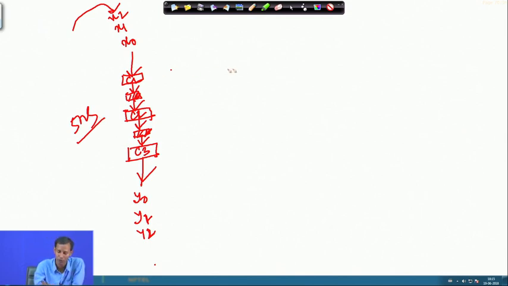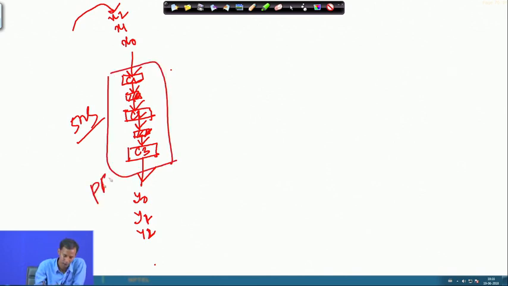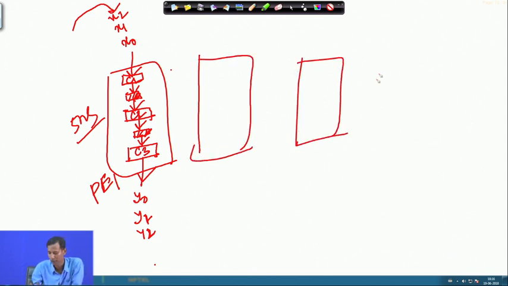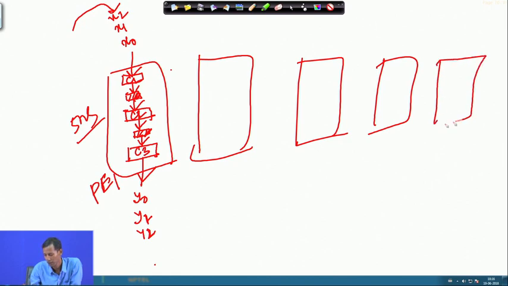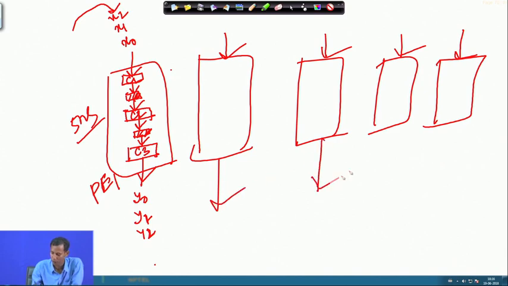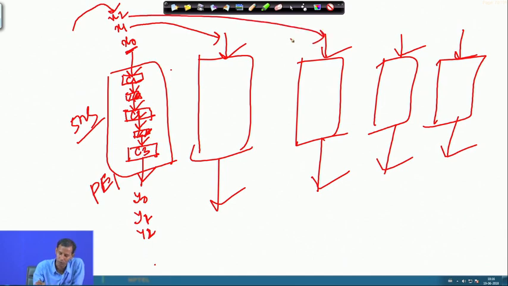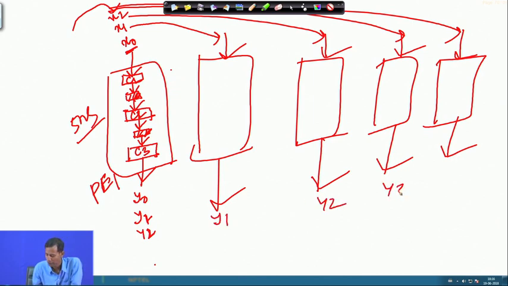That means, if this is known as one processing element, it will be copied 5 times. Then x0 will come over here, x1 over here, x2 over here, x3 over here, and x4 over here, and it will produce y0, y1, y2, y3, y4.